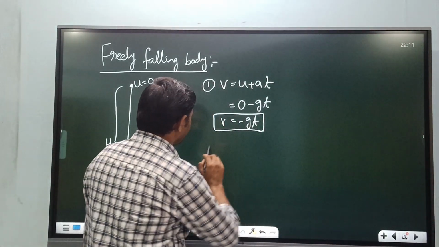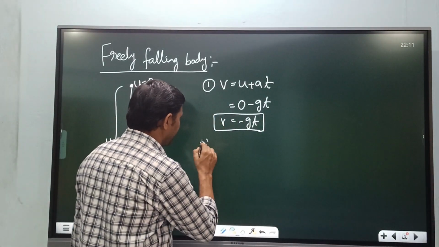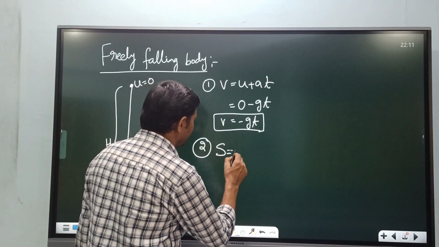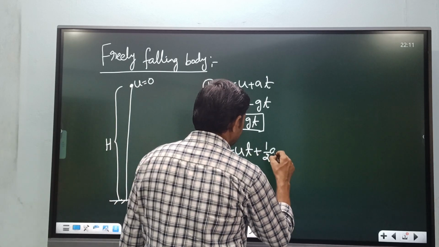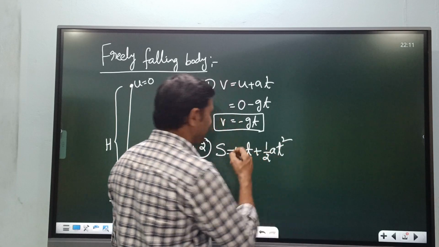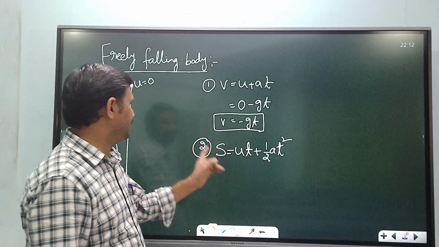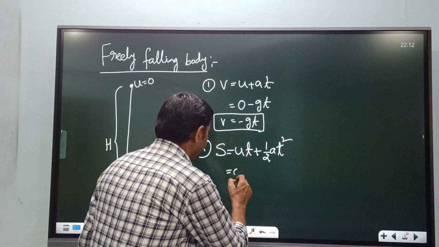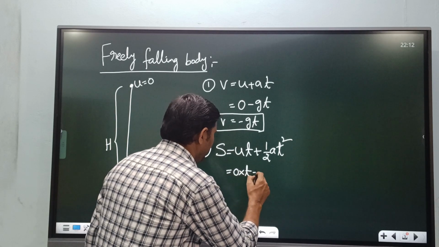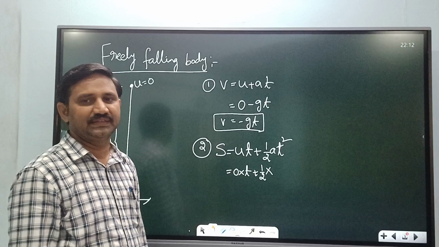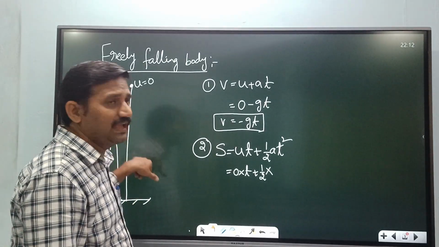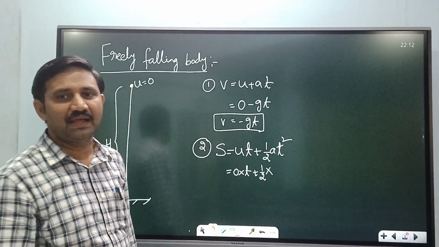Next, what is our second equation of motion? S is equal to ut plus half at square. So here u is 0, initial velocity 0, into t plus half, A value is minus G, that is, the acceleration of the body is acceleration due to gravity.